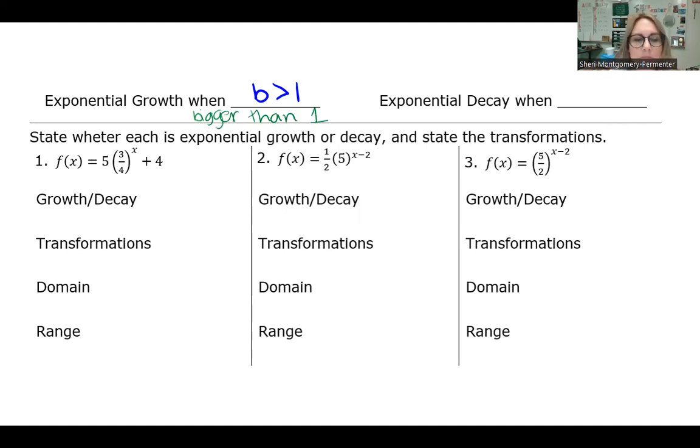Bigger than 1. Decay is when the B is between 0 and 1. So B is between 0 and 1.